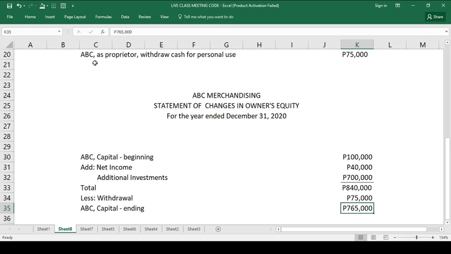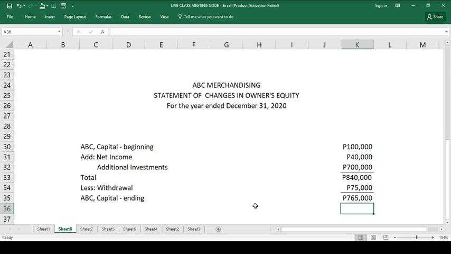Sir, should the 765,000 we computed also be reflected in the balance sheet? Yes, that should also be reflected in the balance sheet. If the amount of the equity portion of your balance sheet is not equal to the ending balance you computed on the statement of changes in equity, probably there are certain errors that were included, which is why they do not match. This 765 must be equal.